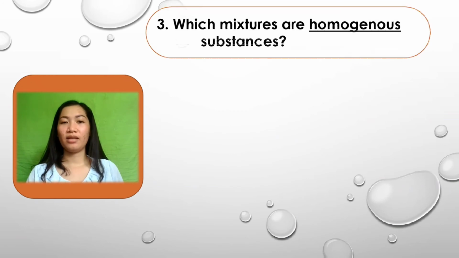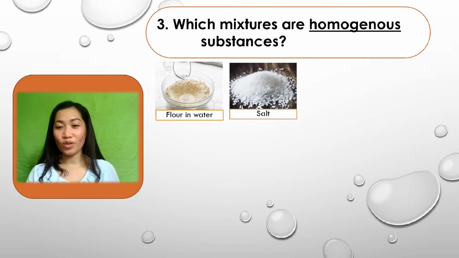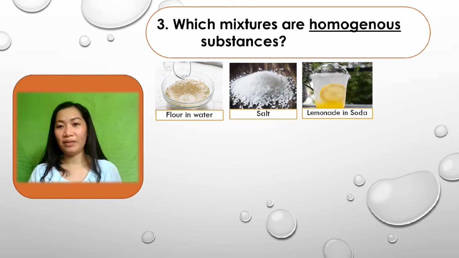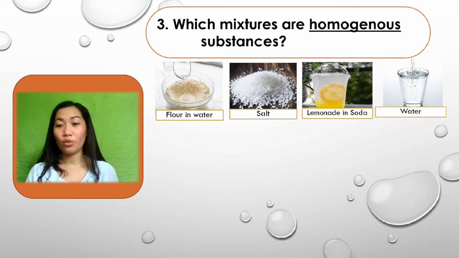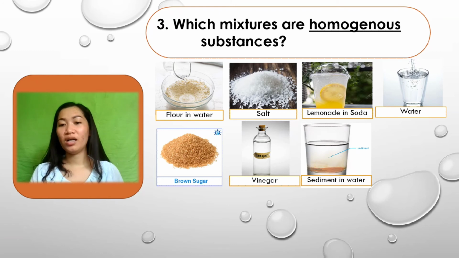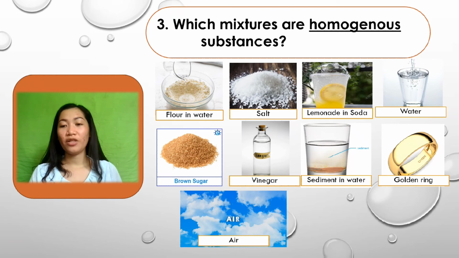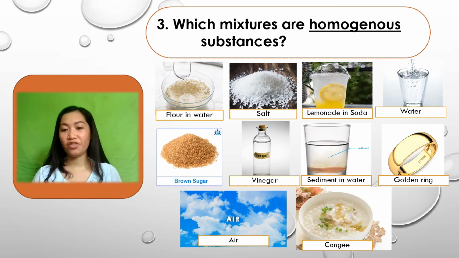Okay, next, number 3, which mixtures are homogeneous substances? When we say homogeneous, meaning their particles are uniform. Is it flour in water? Salt, lemonade in soda, the water, the brown sugar, the vinegar, sediment in water, golden ring, the air, and we have the kanji.